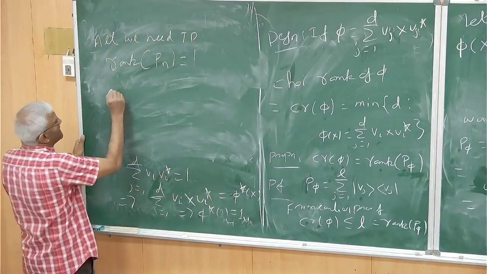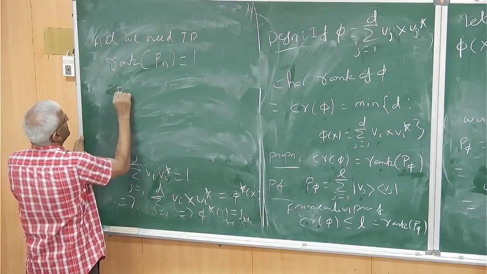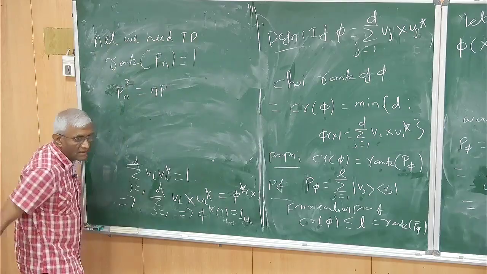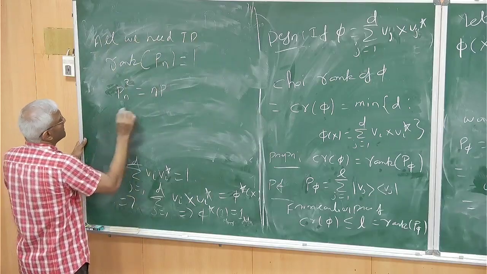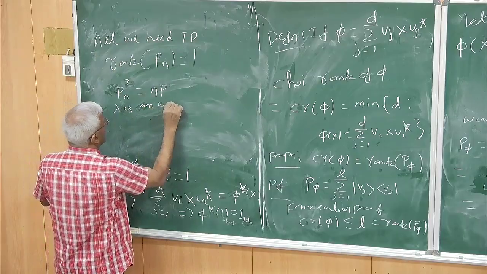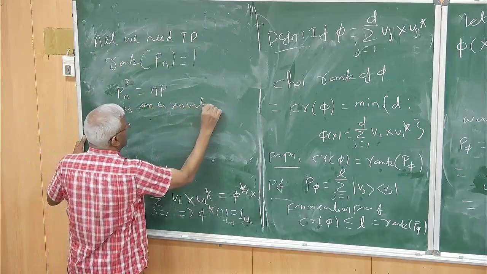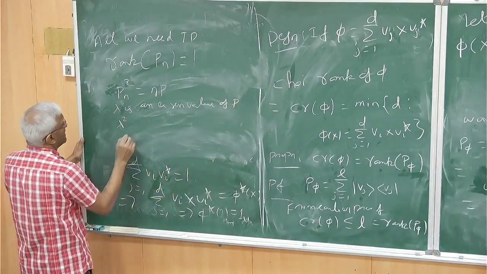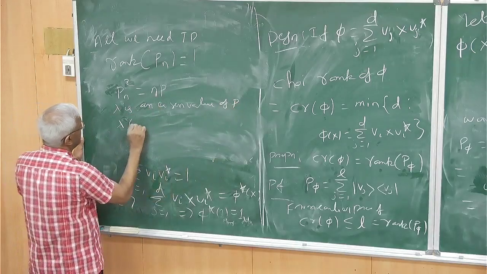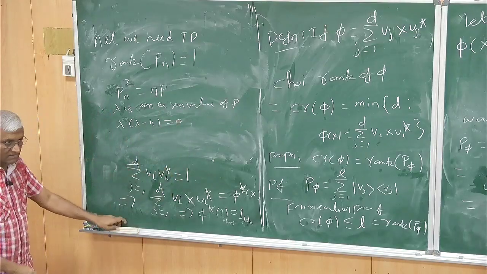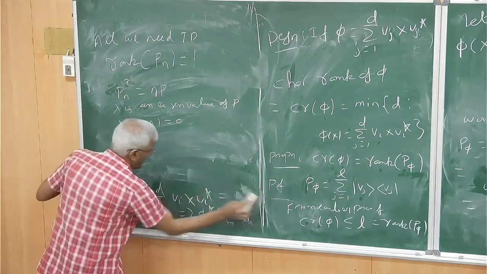You know that Pn satisfies Pn squared equals n Pn. So if lambda is an eigenvalue of Pn, then it satisfies lambda squared minus n lambda equal to 0, lambda times lambda minus n equal to 0. So lambda equals 0 or n.